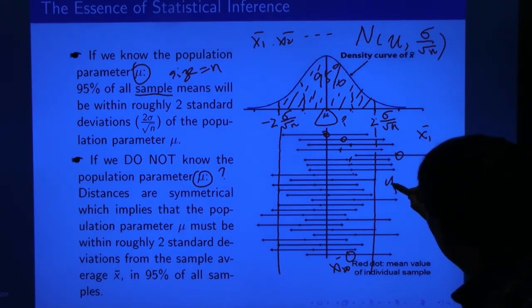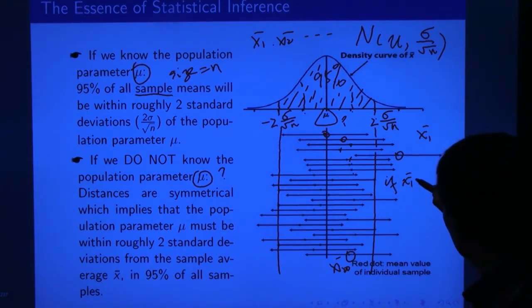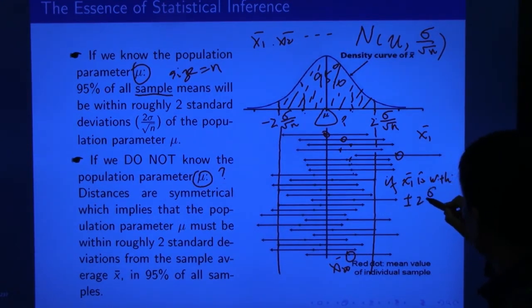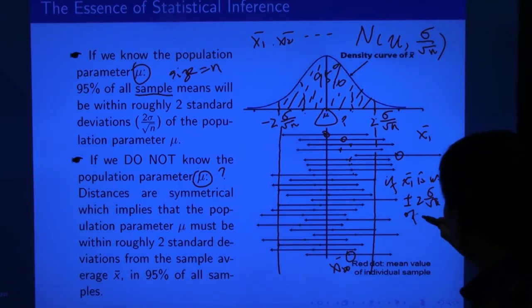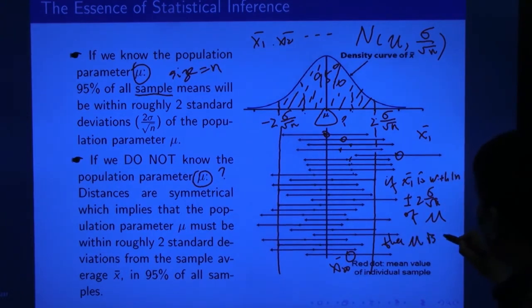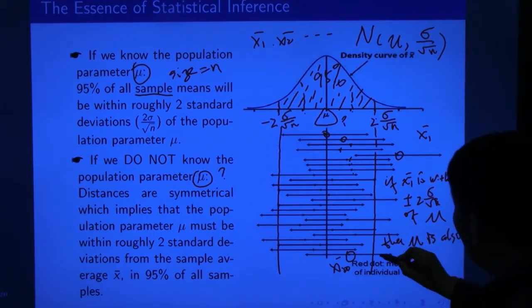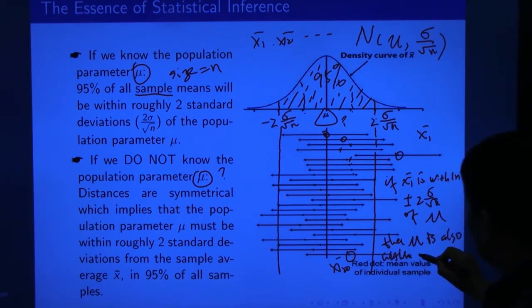So if x1 bar is within plus minus 2 standard deviations of mu, then mu is also within plus minus 2 standard deviations of x1 bar.